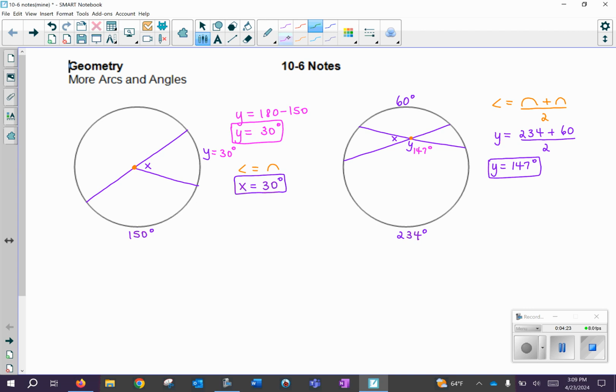So I'm hoping that you might see this straight angle right there. And so to find x, you could do x equals 180 minus 147 for the straight angle to get 33 degrees. And we have now solved for x and y.